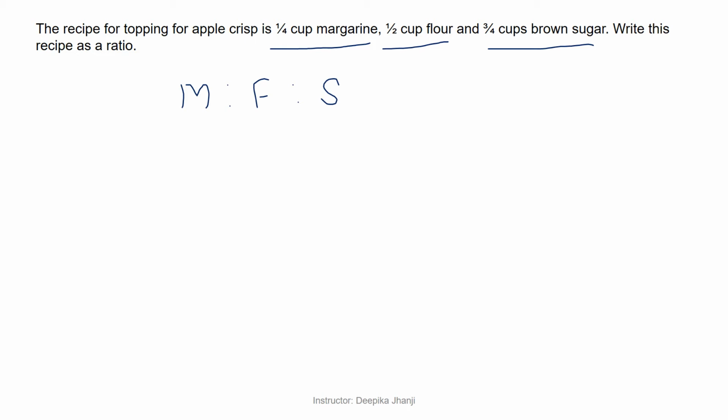And we want to find their ratio. Now we have 1/4 cup of margarine. Let's write down the number under margarine. And then flour is half cup. And then sugar is 3/4 cup, right? So this is their ratio, but we need this ratio in lowest terms to understand it in a better way.